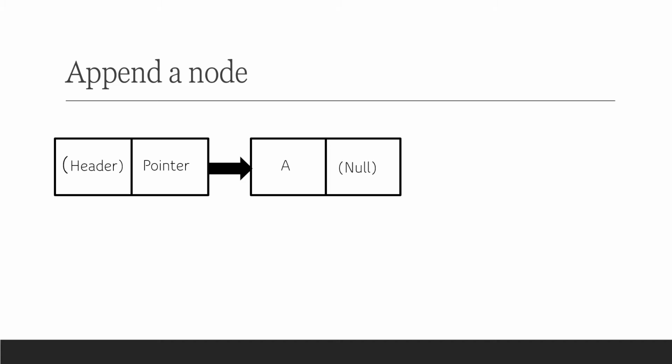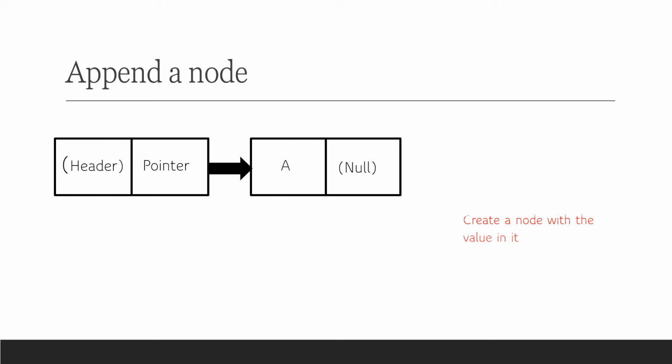Now, if we append a node to a list, all we do is add it to the end of the sequence. Here's a very short linked list. It's literally only got one value in it, the letter A, and the pointer from A is null. But this same principle would apply to a list of 1,000,000 items.